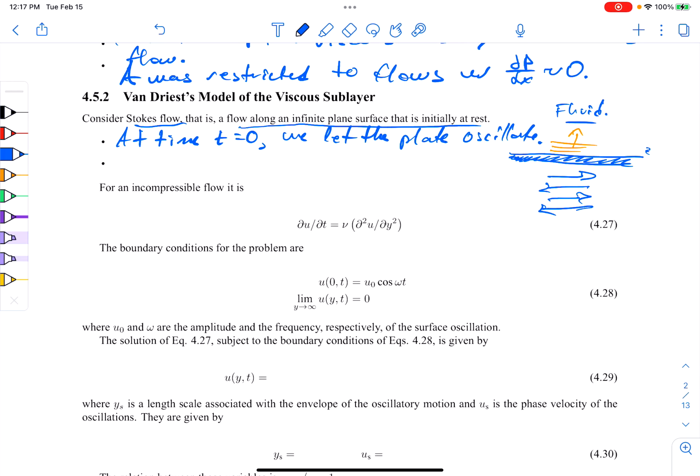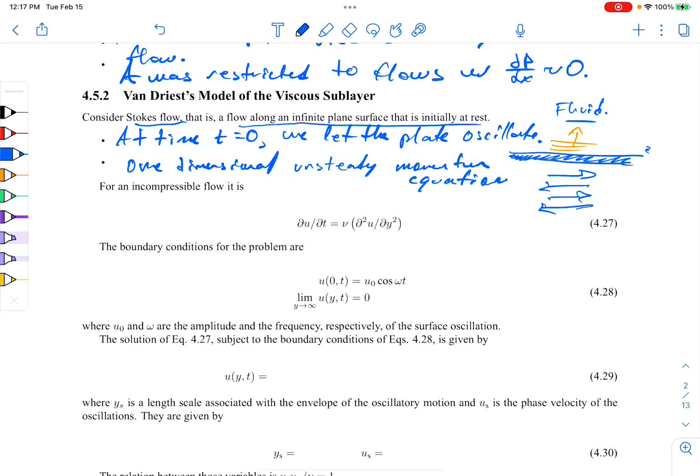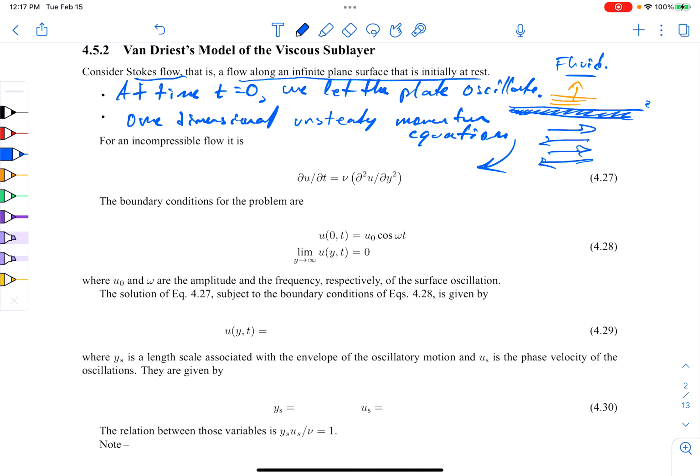So if you consider this flow, I might mention that the equation reduces to a one-dimensional, unsteady momentum equation. And of course, it'll be incompressible because you can't solve the compressible problem very easily, analytically, to my knowledge.